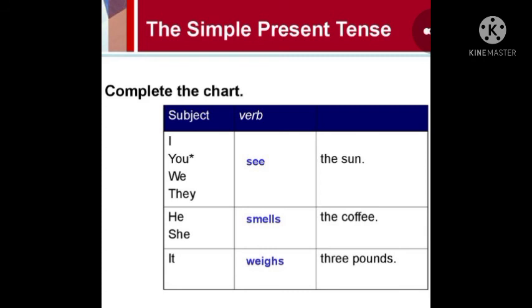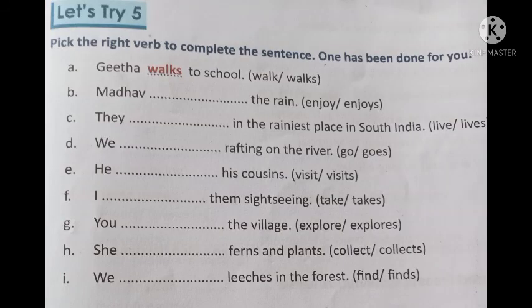So students, we can use any verb instead of these verbs, but with s or es form. Remember always we use s or es form of verb when we have he, she, it as the subject in the sentence. Alright, now we will do Let's Try 5 of your course book.